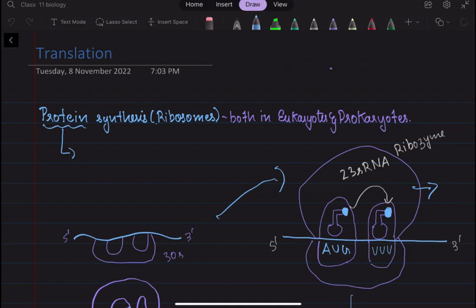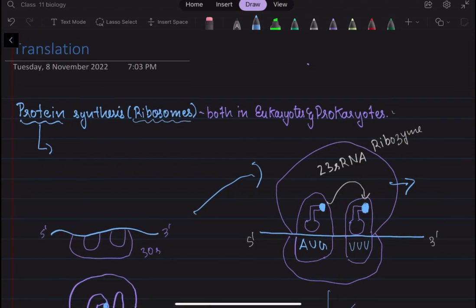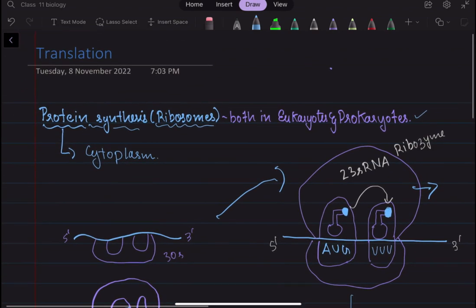So, we have learned that ribosomes help in protein synthesis, and these are present both in eukaryotes and prokaryotes. And this protein synthesis takes place both in eukaryotes and prokaryotes in the cytoplasm, basically where the ribosomes are present.